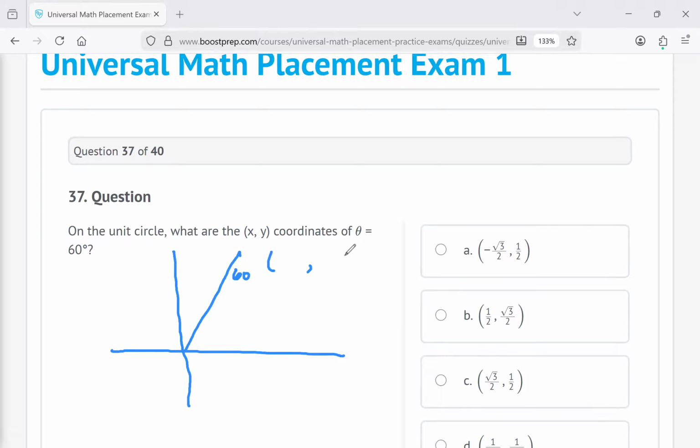This is how I remember it. 30 degrees has an x coordinate of radical 3/2 and a y coordinate of 1/2. 60 is the reciprocal of 30, so it has an x coordinate of 1/2 and a y coordinate of radical 3/2. So it is B. That's just something you have to memorize.